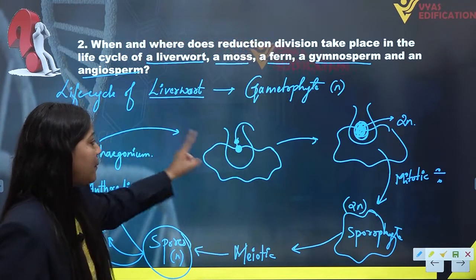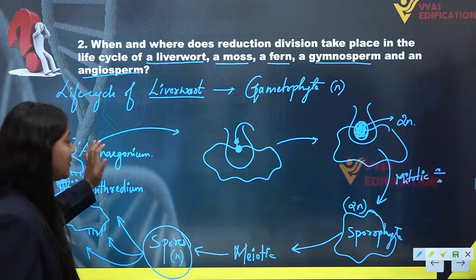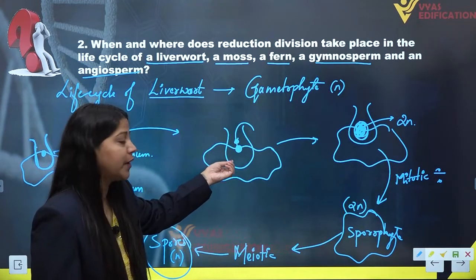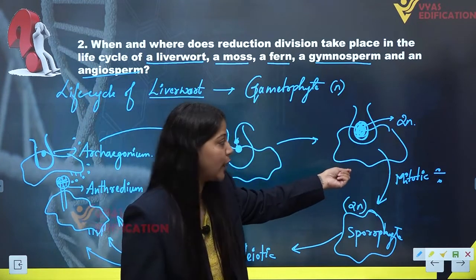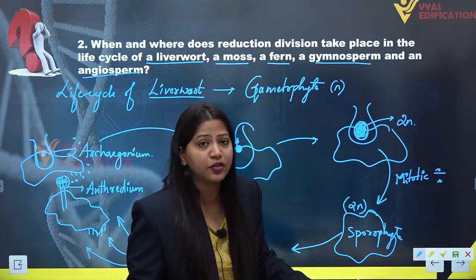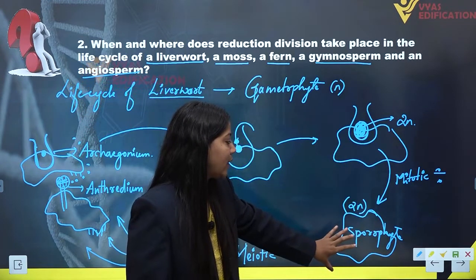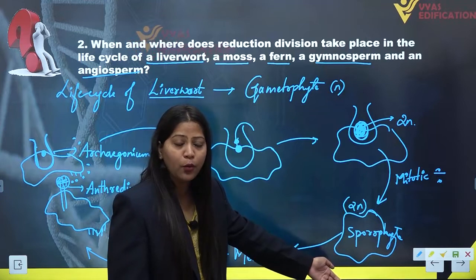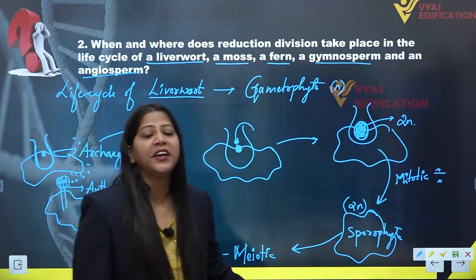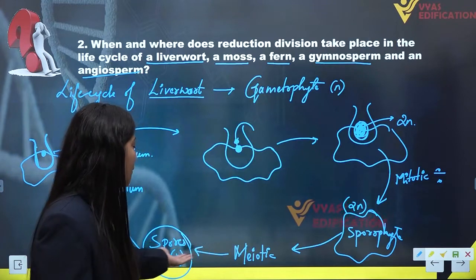In this life cycle the two sex organs are present on two separate gametophytes, and they produce different gametes, which on fertilization give rise to a diploid zygote. This diploid zygote undergoes mitotic division, which is not a reductional division, it is an equational division. Then it gives rise to a sporophytic plant body of a liverwort, which is diploid in nature. Then the sporangia present on the sporophytic plant body undergo meiotic division or reductional division to form haploid spores.